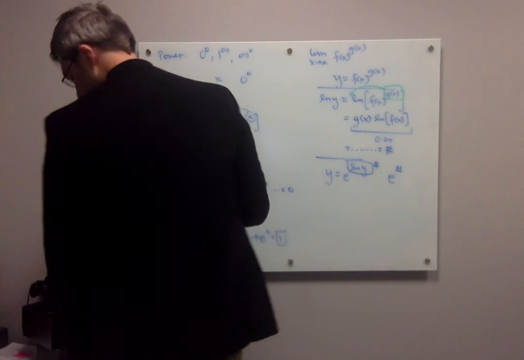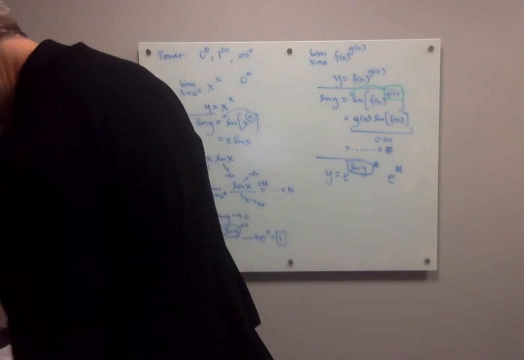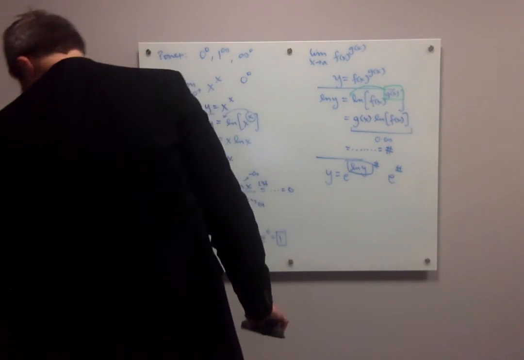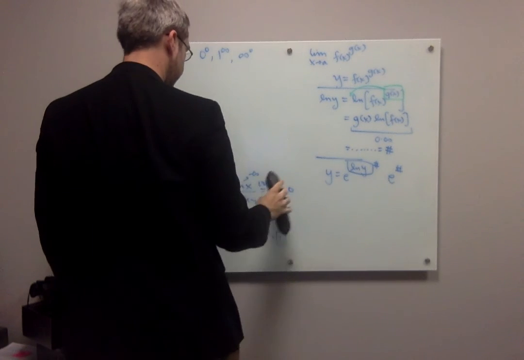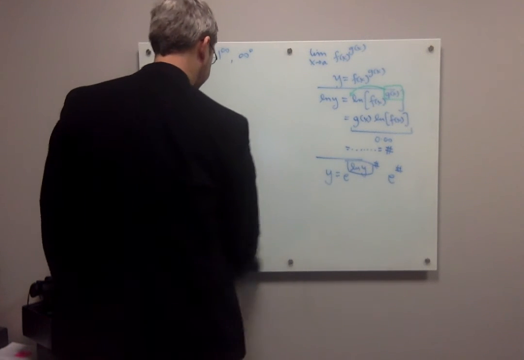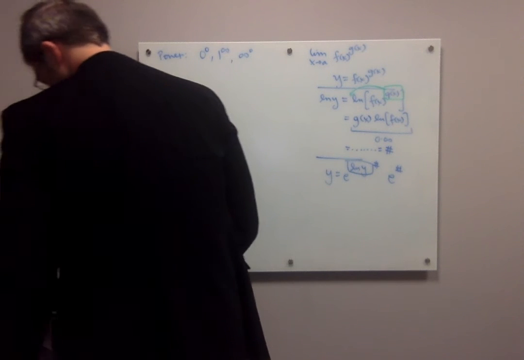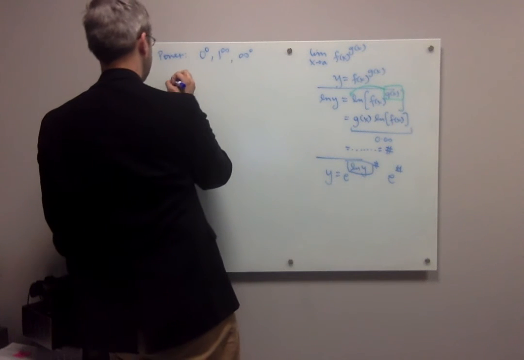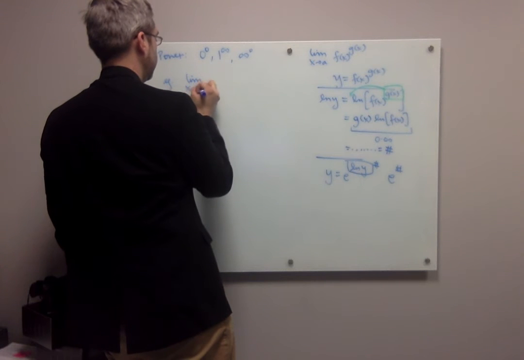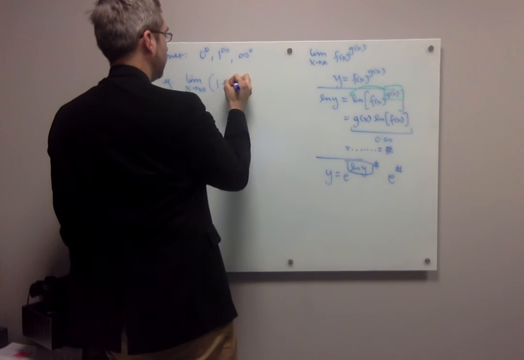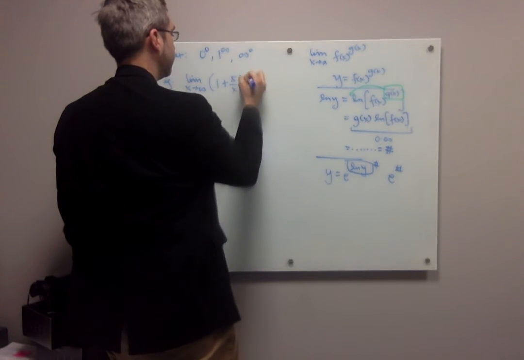Okay, let's try another example here. Let's do a different one. We're going to do a 1 to the infinity type. All right, let's do the limit as x goes to infinity of 1 plus 5 over x, to the x.